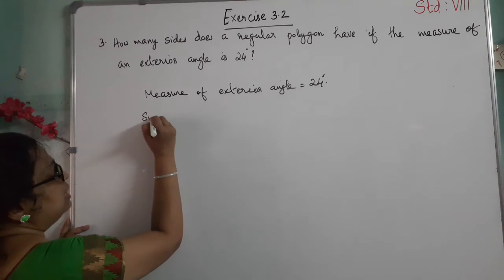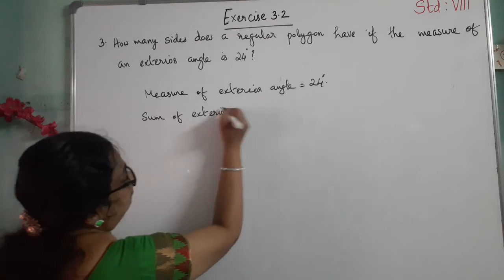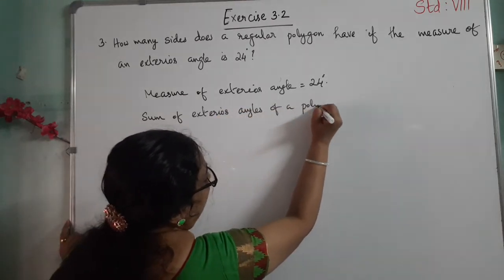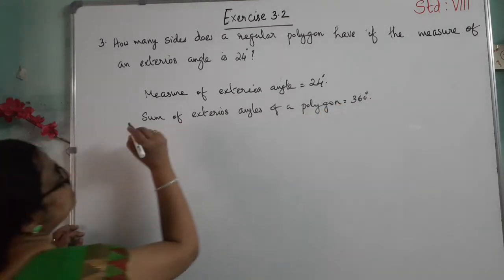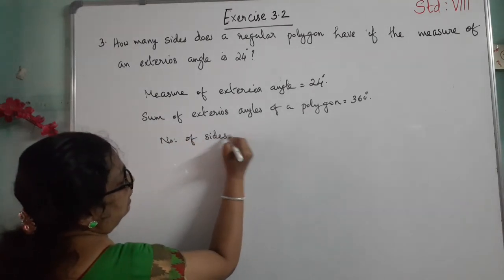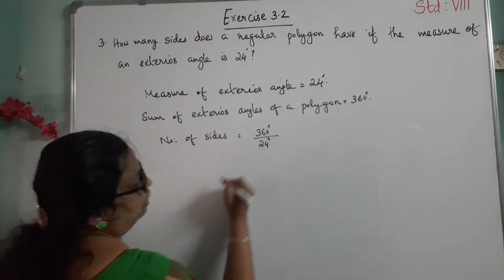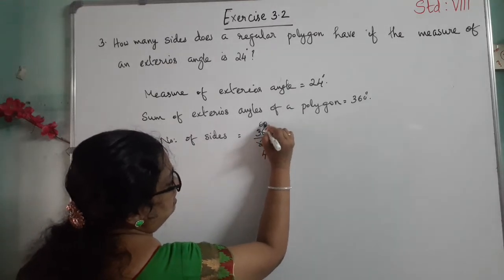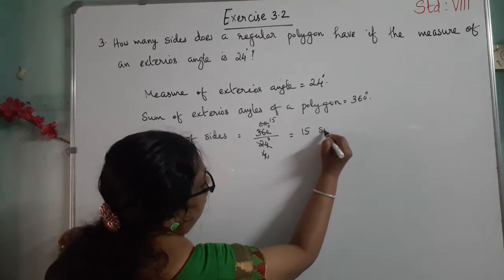So we know that the sum of exterior angles of a polygon is 360 degrees. So the number of sides equals 360 degrees divided by 24 degrees. Then 24 fifteens are 360, so we get 15 sides.